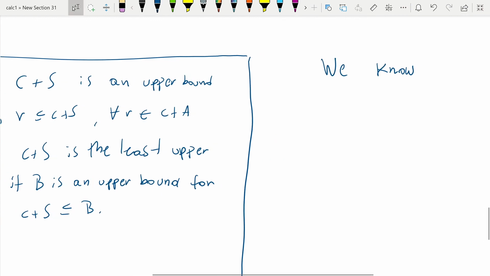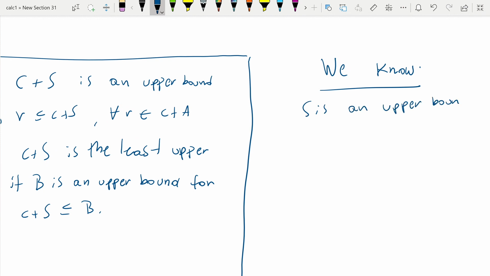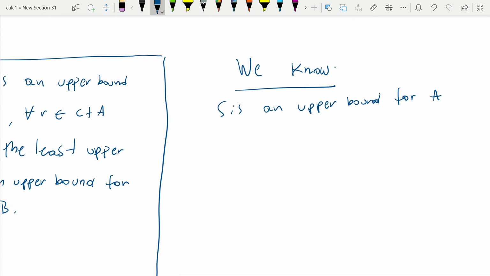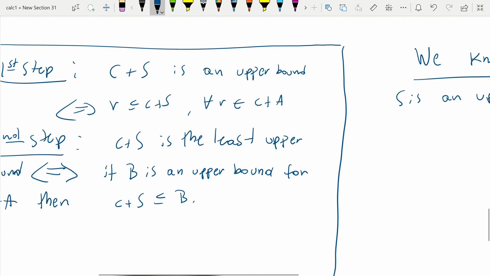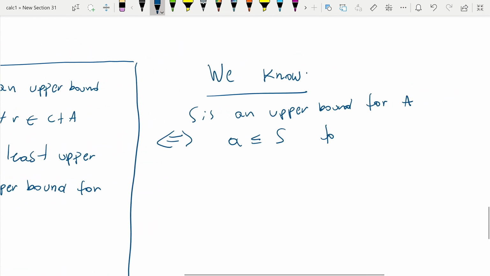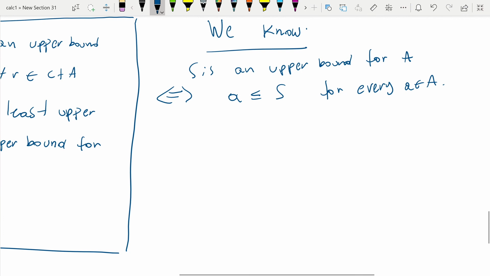We know already that S is an upper bound for A, and so this means that a is less than or equal to S for every a in A. We know this already.